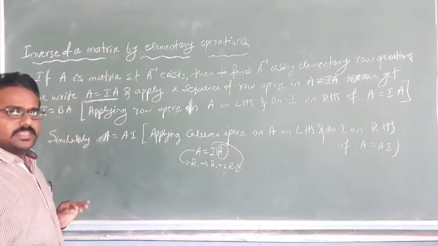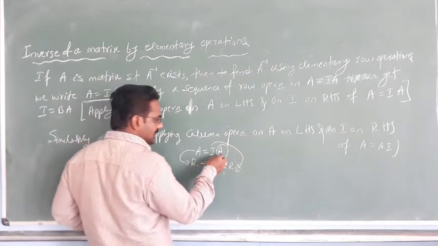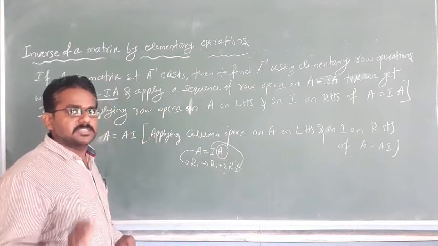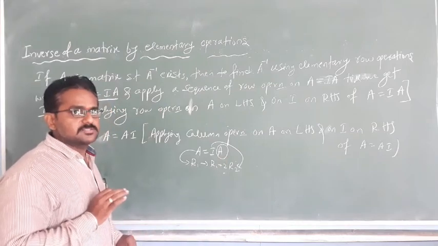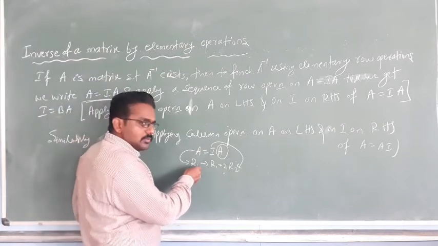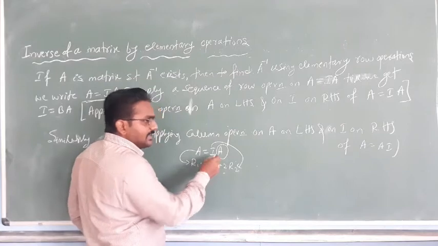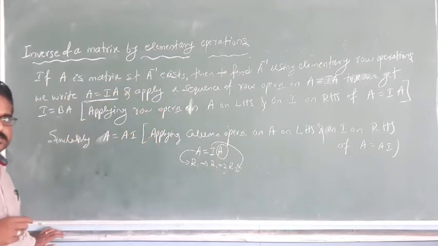For the A on the RHS we will not apply any row or column operations. What is the point, students? You have to apply the row operations on the LHS matrix and on the identity matrix on the RHS.